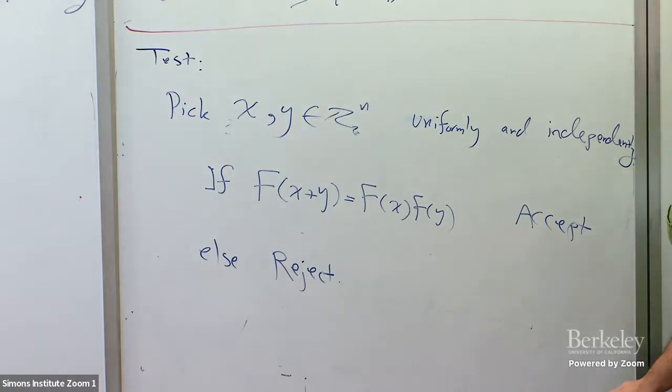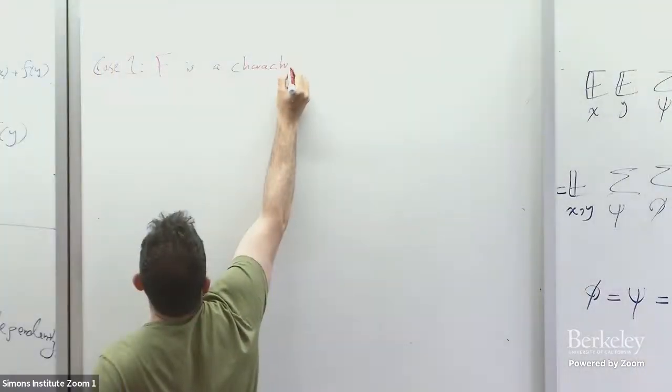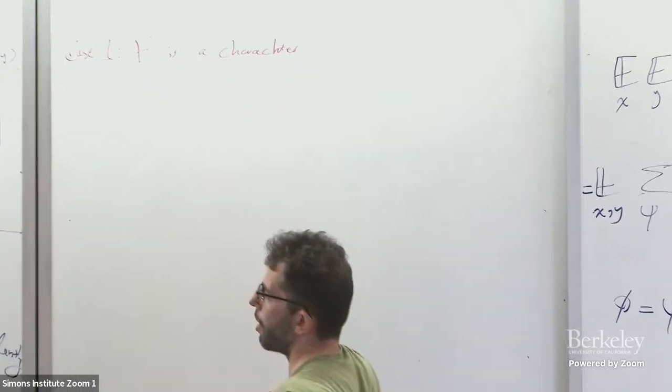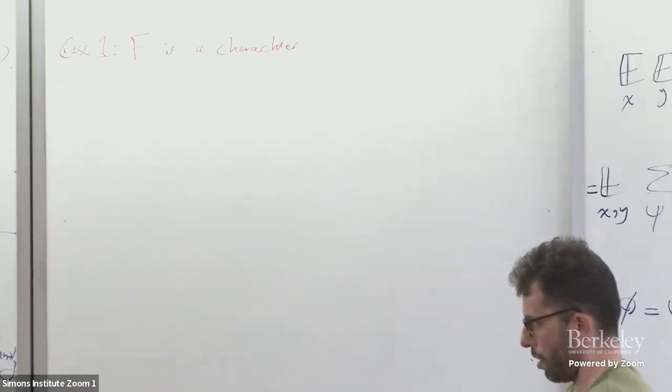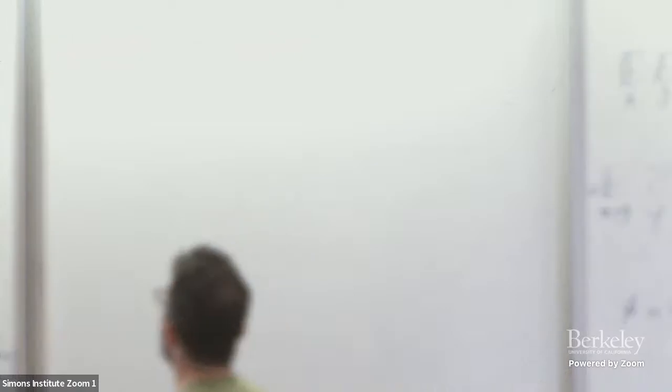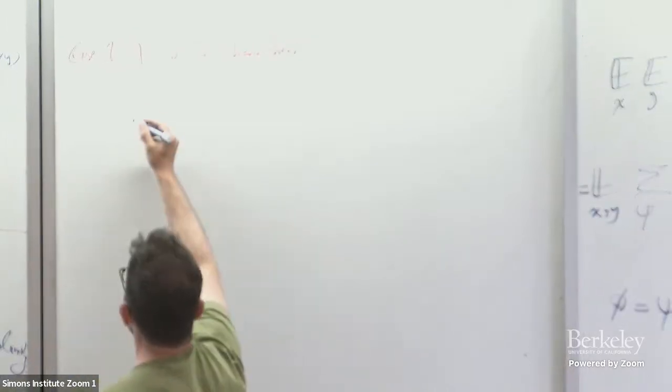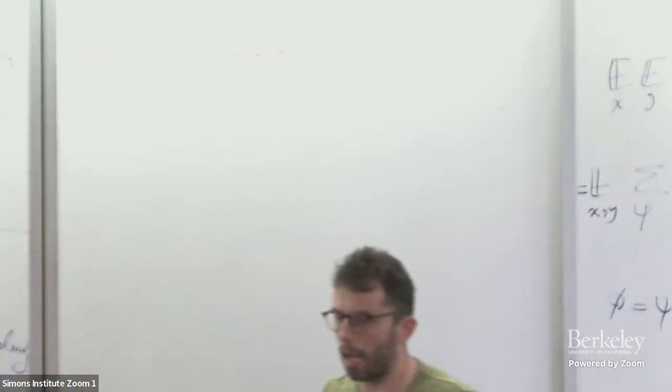So now let's look at the cases we have. Case one: suppose this F is a character, meaning that the small f is linear. In this case, we're not going to make a mistake, right?